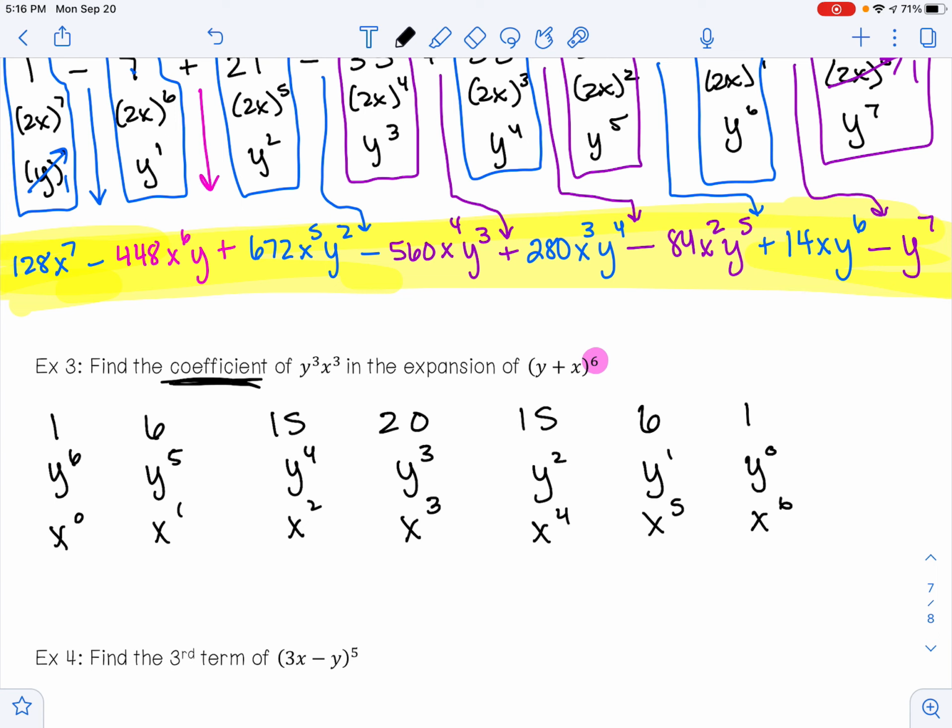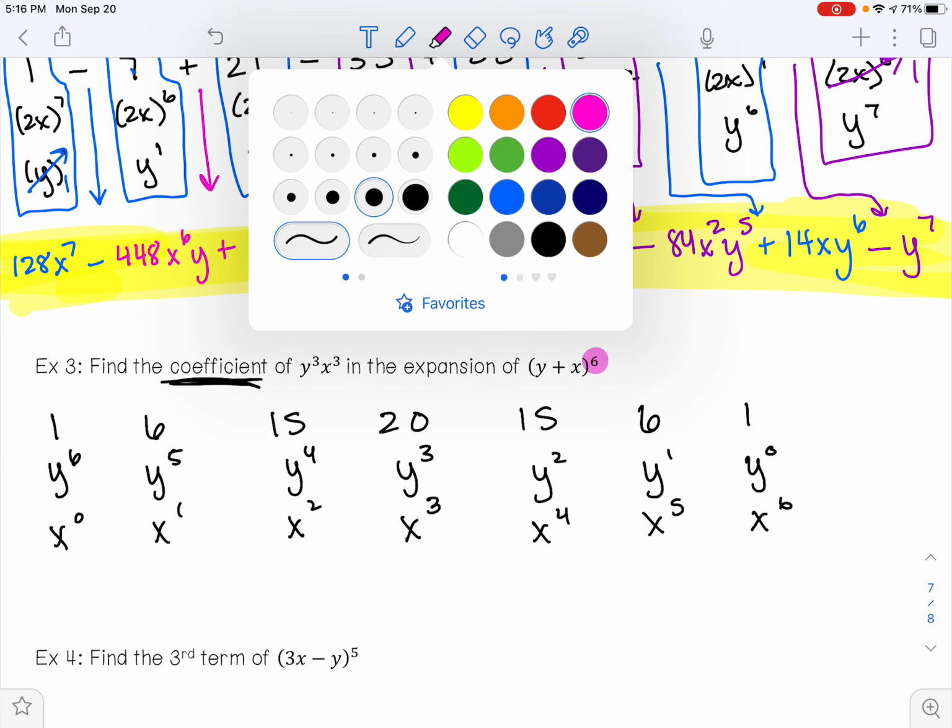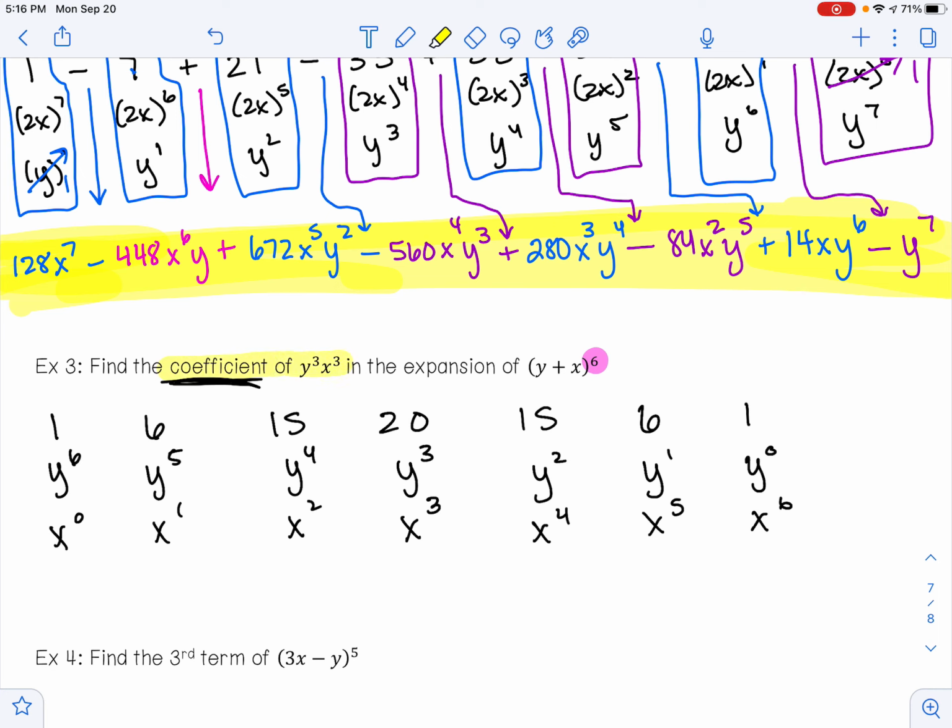All right, we want to find the coefficient of x cubed, y cubed. Well, x cubed, y cubed is going to be this row right here. 20x cubed, y cubed, or 20y cubed, x cubed, the coefficient is 20. And so my answer is just 20.